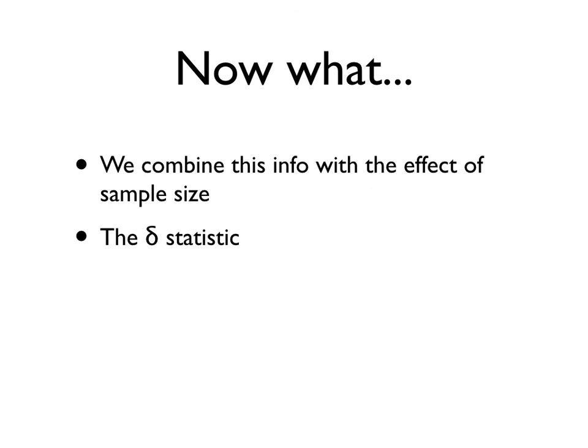This is for a t-test. There's a version of this you can do for analysis of variance. Delta is a function. Oh, sorry, delta equals d times the effect of n on the statistic you're interested in.